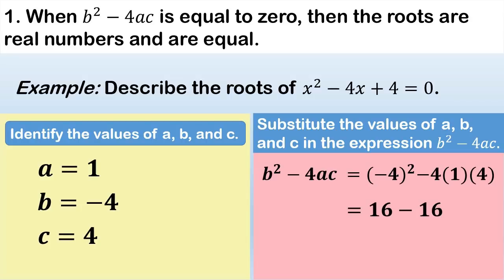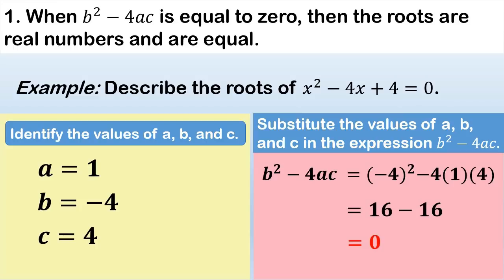Last, let's subtract 16 minus 16. The answer is 0. Therefore, the discriminant of the expression b squared minus 4ac after we substitute the values of a, b, and c is equal to 0.